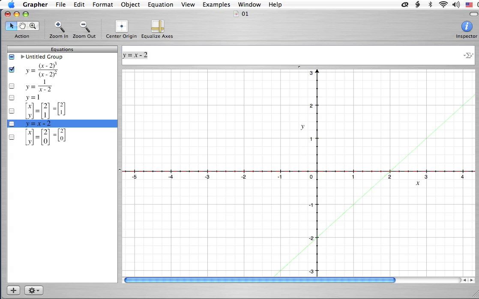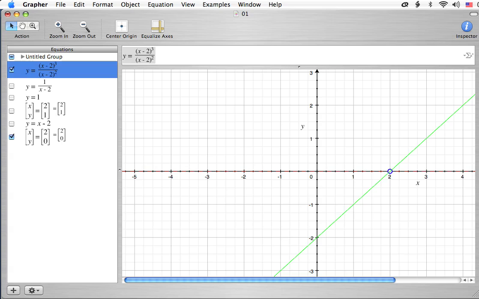The blue one does not have a hole in it. The green one does, and that hole will be located there, and it will act like an x-intercept. In reality, the green line never actually crosses the x-axis because there's a hole there. It just jumps over the line and keeps right on going. So it's acting like an x-intercept, but it's not.